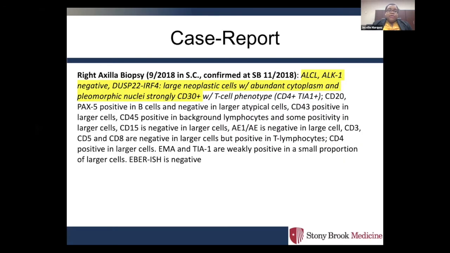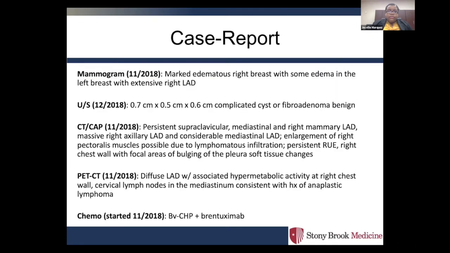Right axillary biopsy was performed, which demonstrated ALCL, ALK1 negative, with large neoplastic cells and abundant cytoplasm, strongly positive for CD30. A mammogram demonstrated an edematous right breast with some edema of the left breast and extensive right lymphadenopathy. A CT scan demonstrated supraclavicular, mediastinal, and right mammary lymphadenopathy, massive right axillary lymphadenopathy, and considerable mediastinal lymphadenopathy.